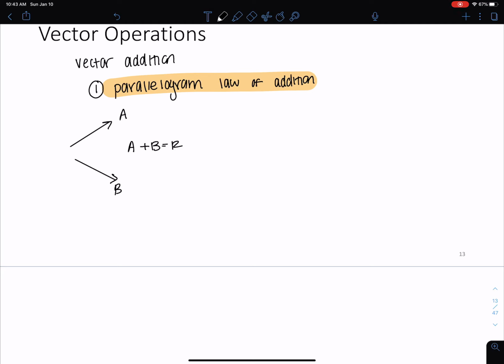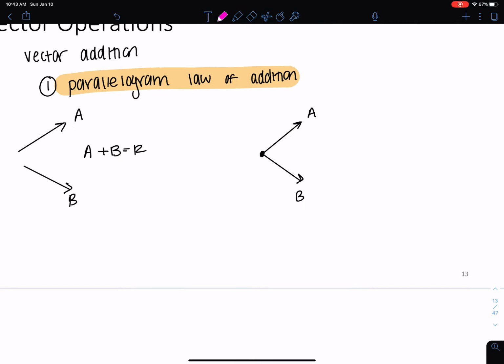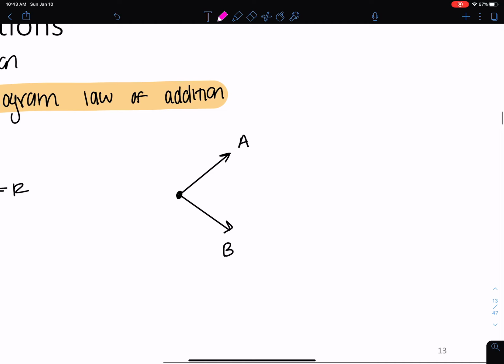So what I do is I'm going to take both vectors and have their tails begin from the same point. So I'm going to draw A right here. I'm going to draw B connected right here. Okay. Now what I'm going to do, I'm going to draw a line parallel to B that touches the tip of A.